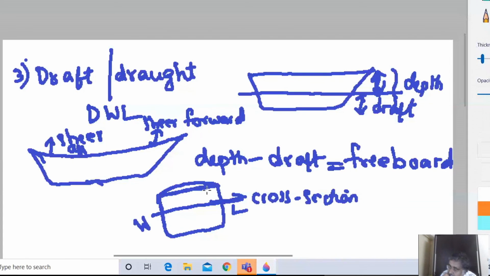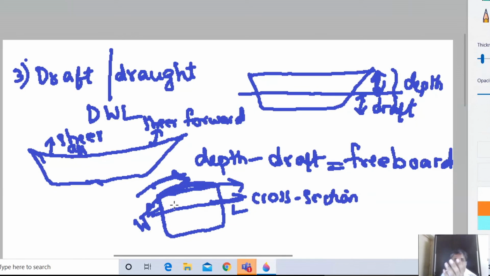See, the reason is this. Usually, when a ship moves, maybe there is a wind, a very strong wave, etc. Water can come onto the deck, and when you have water coming onto this, it makes much sense to have it like this, because the water will just flow out. It makes more sense.